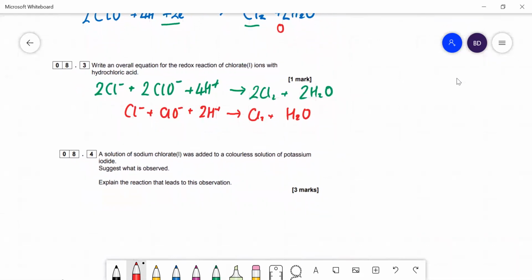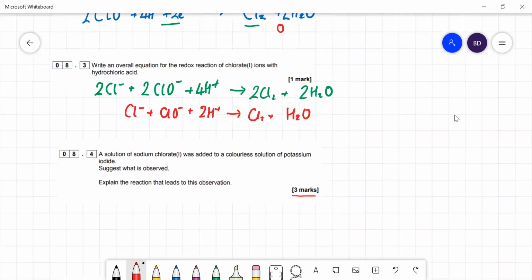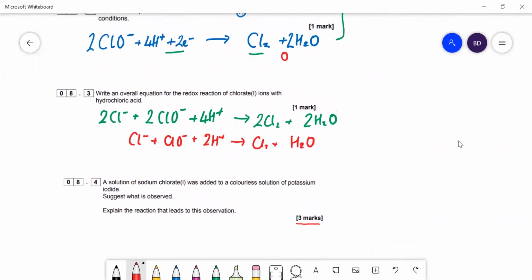Okay, now this is a hard question and a bit unfair, I think. A solution of sodium chlorate 1 was added to a colorless solution of potassium iodide. Suggest what is observed and explain the reaction that leads to that. Right, now chlorate 1, as we've seen here, is an oxidizing agent.